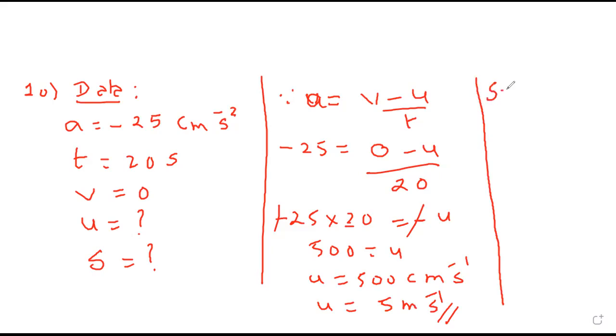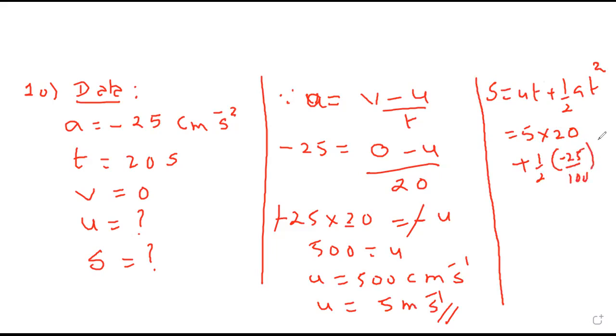I am using S equals to ut plus half at square formula. U is 5 meter, time is 20, plus half, A is minus 25 centimeter, divided by 100, it will become meter, and T is 20 square.